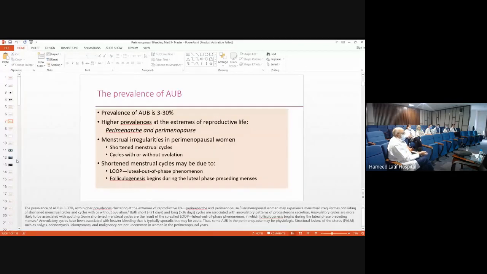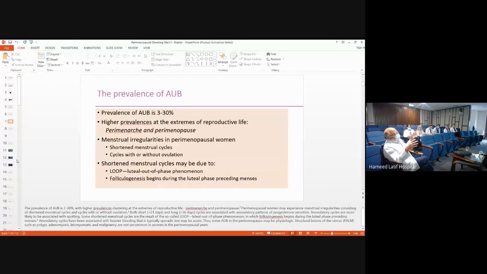And there is one condition. This is known as luteal out of phase phenomena, in which follicles start to develop. As a matter of fact, normally what happens is that follicular development, as I said in one of the previous lectures, in the beginning of the cycle, when FSH starts to secrete, that cohort or group of follicles, which are predestined right from the time that the ovary was formed, that group of 8, 9, 10 follicles in each ovary, they start to develop, responding to FSH.